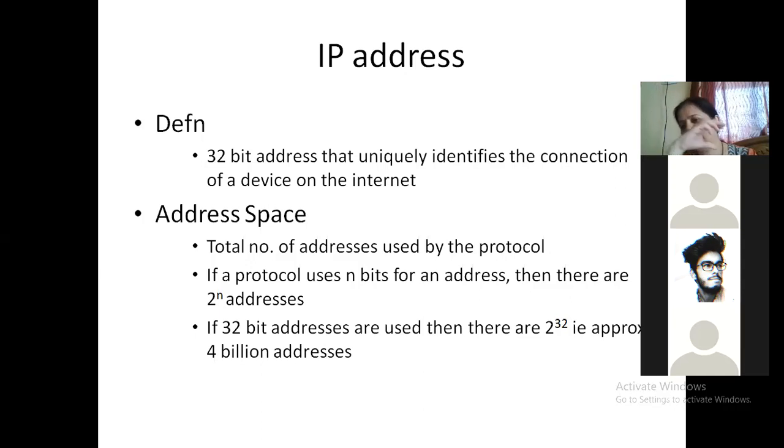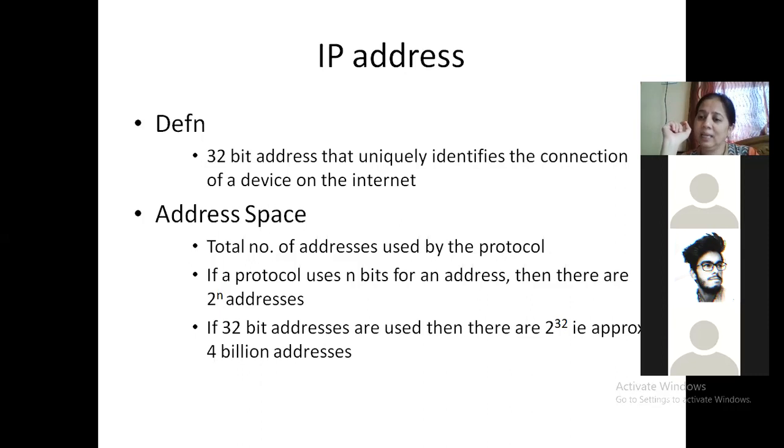2 to the power of 32 is a very big number. 2, 4, 8, 16, 32, 64, like that. You are multiplying 2 thirty-two times, so you're going to generate a very huge number. 2 to the power of 32 is approximately equal to 4 billion addresses.